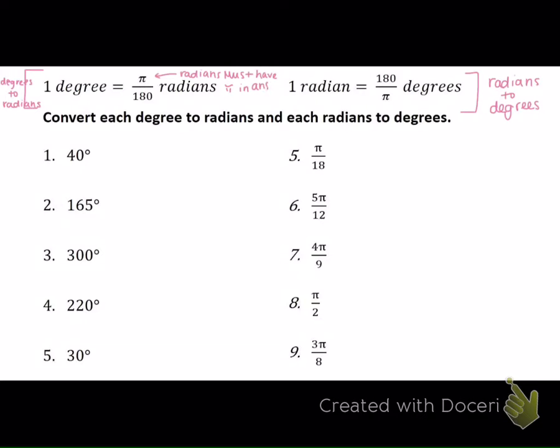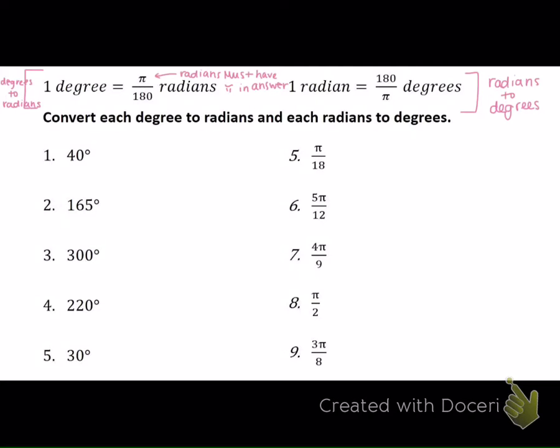So that's why it is in the numerator. So you know to use pi over 180 when you're going to radians because radians has to have pi in the answer, right? 360 degrees is the same as 2 pi radians. So that's one way to know that that's why pi needs to be in the numerator there, on top there.